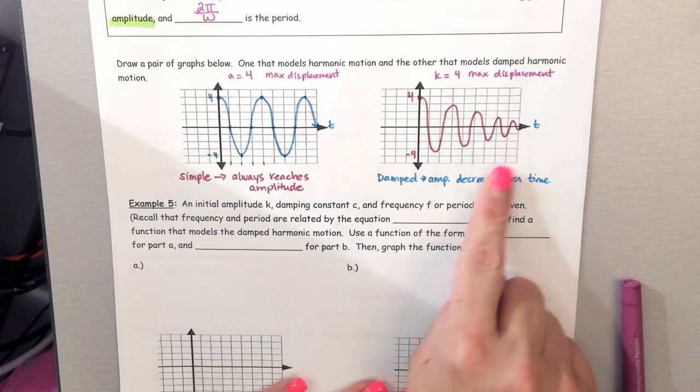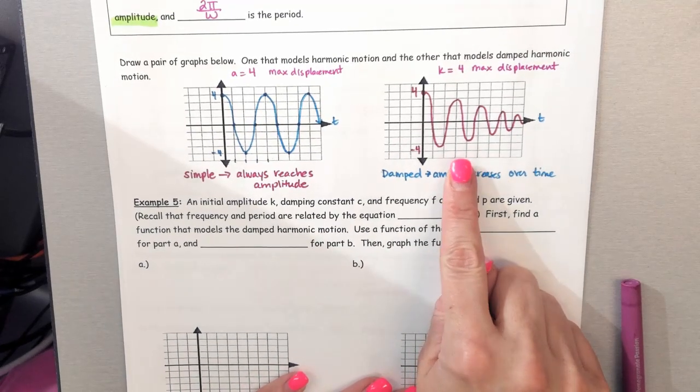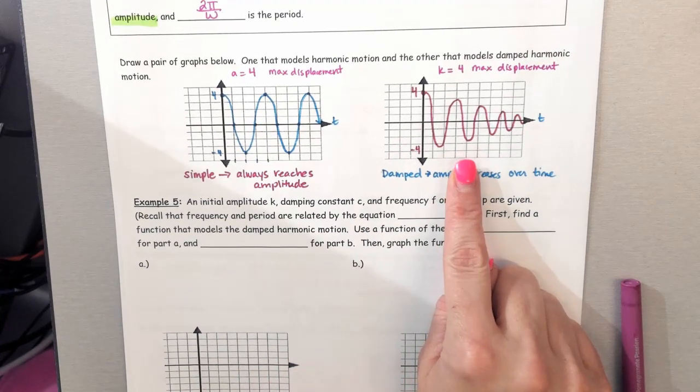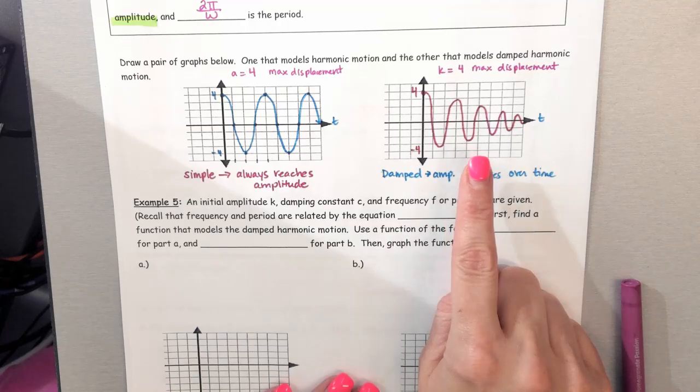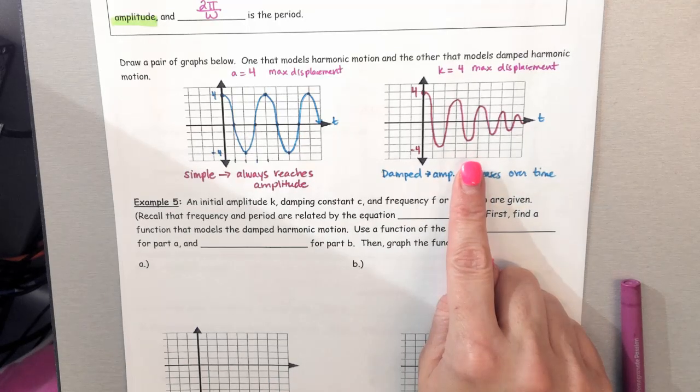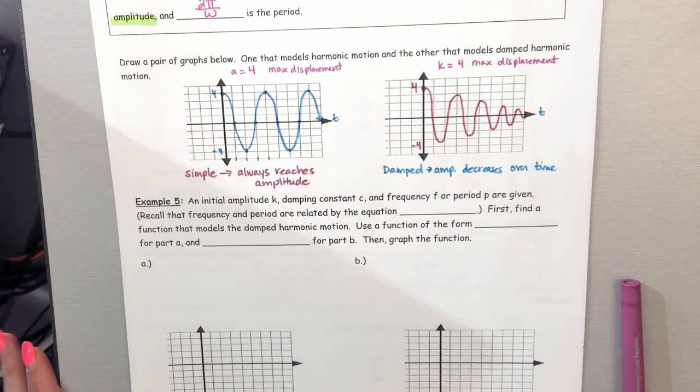Okay, and why does this decrease over time? Due to what? Due to friction. Okay, so that's something that we have to know.